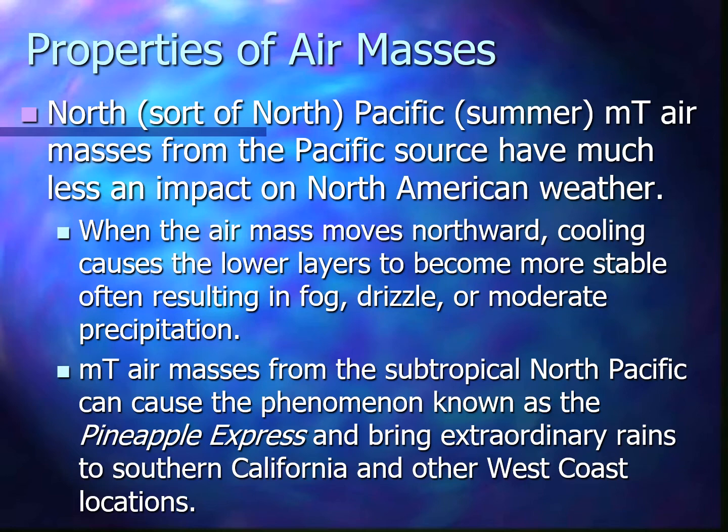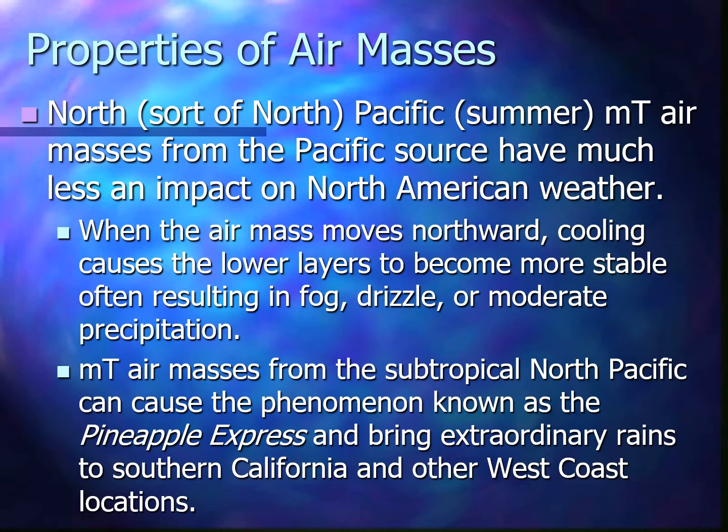So just imagine the North Basin of the Pacific, as in, north of the equator in the summertime. So you occasionally get these maritime air masses from the Pacific affecting the West Coast. If this air mass moves northward, then it can cool, and this can allow for condensation, and you might get fog, drizzle, or moderate precipitation, say maybe on the Northwest Pacific coast.